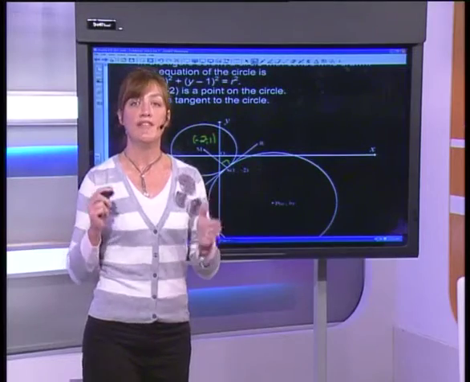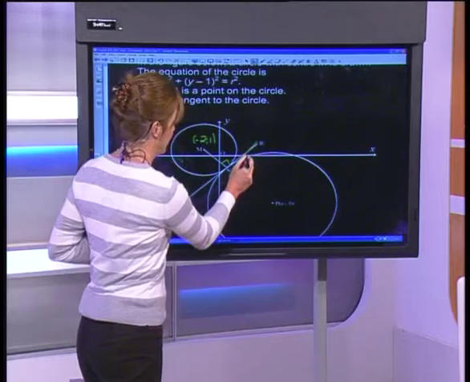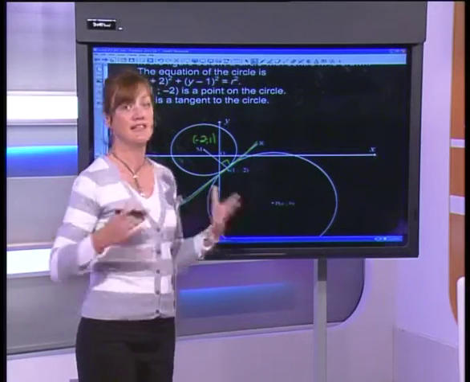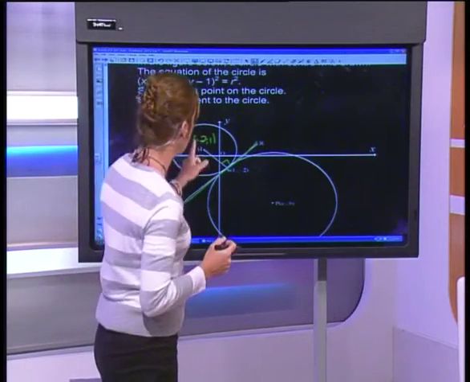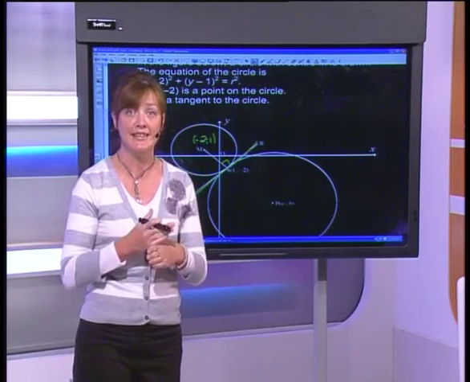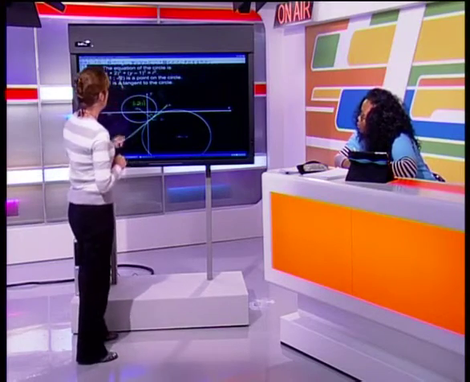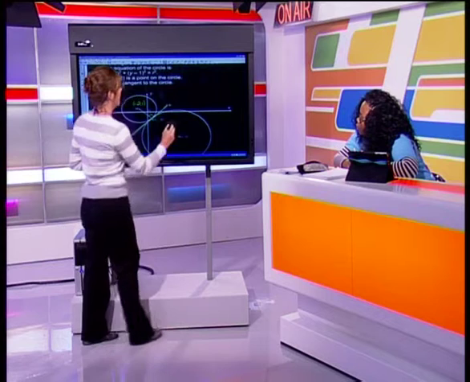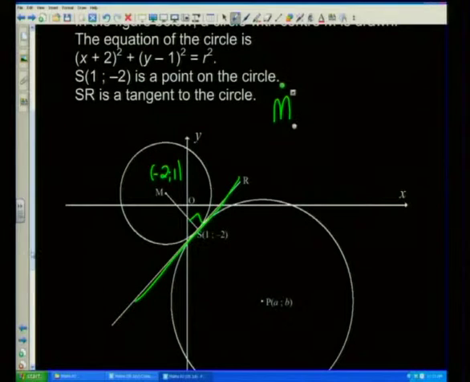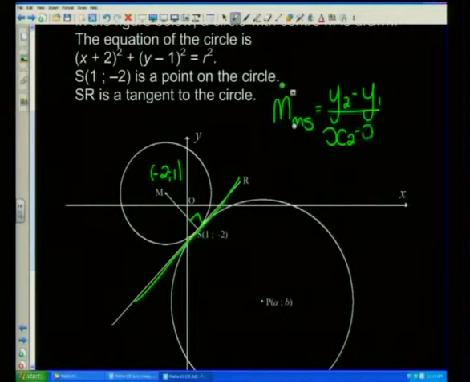So, in order to work out the gradient from R to S, what we have at our disposal is that we can work out the gradient from M to S, and because your radius and your tangent are perpendicular, we're then going to be able to flip it over and change the sign. Okay. Gradient from M to S, we're taking our y2 minus our y1, over x2 minus x1.